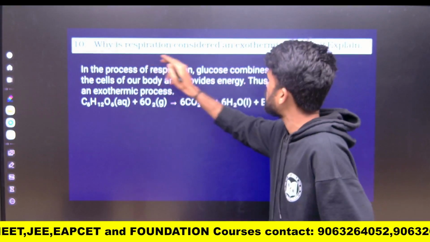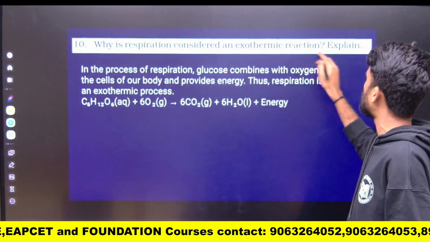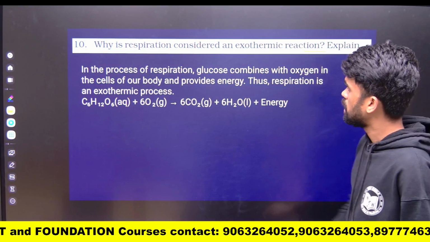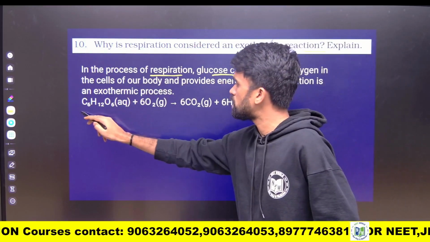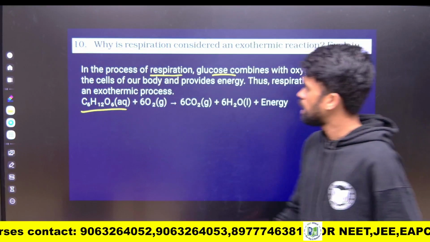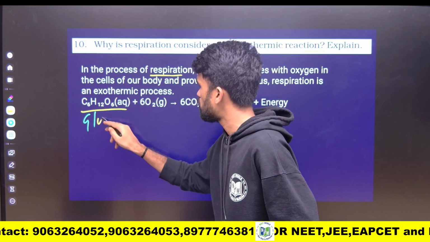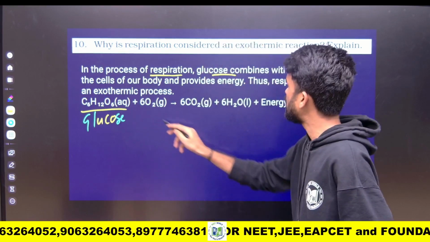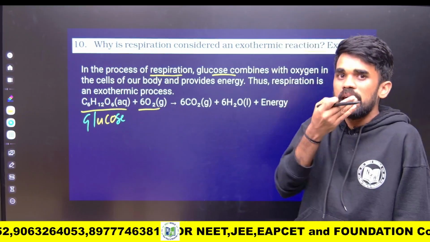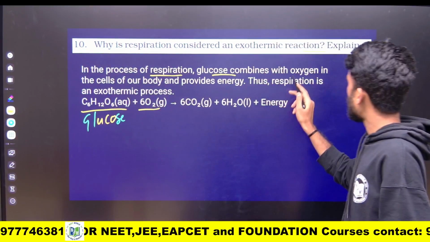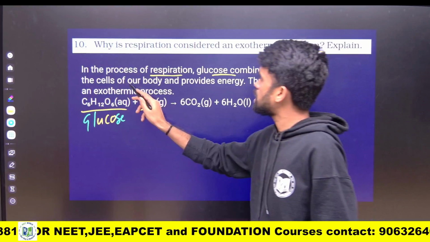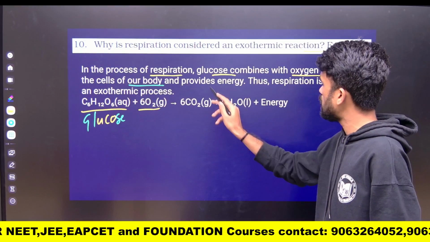Why is respiration considered to be an exothermic reaction? In the process of respiration, glucose, what is the formula of glucose? C6H12O6. This is the formula of glucose, and it combines with oxygen. When we inhale oxygen, that is the oxygen we are taking, it combines with glucose in the cells of our body and provides energy.